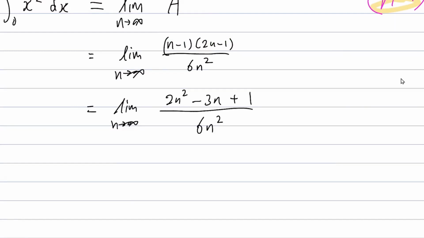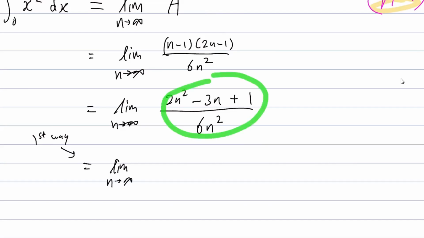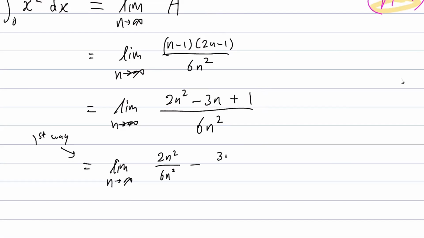There's a few ways to do this. First way is we split up the single fraction into multiple smaller fractions: 2n squared over 6n squared, minus 3n over 6n squared, plus 1 over 6n squared.